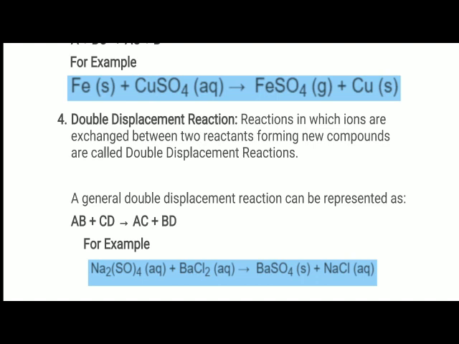Both are colorless solutions. When the solutions of sodium sulfate and barium chloride are mixed, a precipitate of barium sulfate is formed, which is white in color. What is formed? Precipitate. What is a precipitate? An insoluble solid-like substance that is formed in the test tube itself.